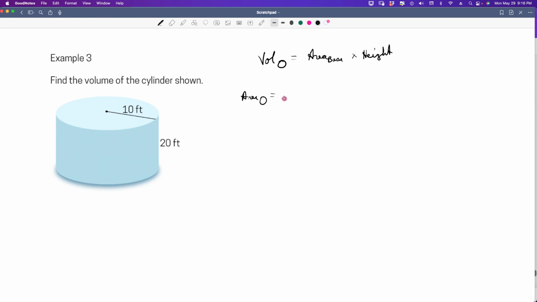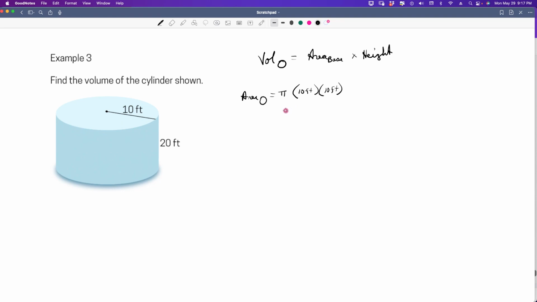So that is going to be pi times 10 feet times 10 feet. Now, we can use 3.14 for this, and most of the time that's going to be fine. But there are going to be times when the bigger the number, 3.14 is not going to round out to match exactly.